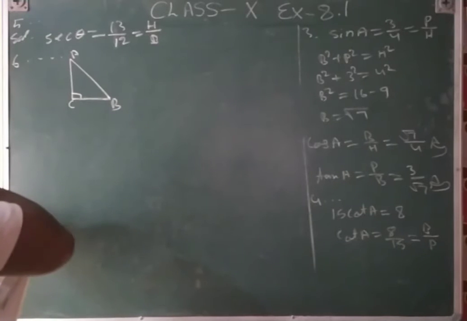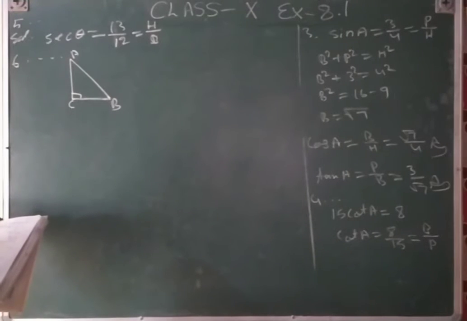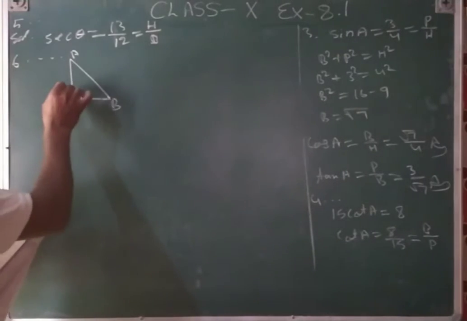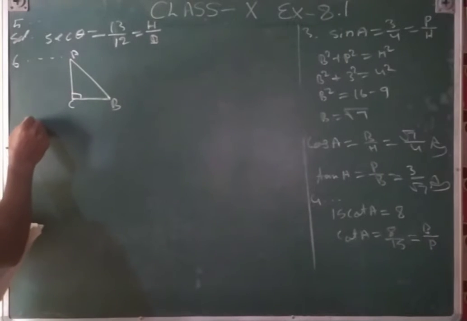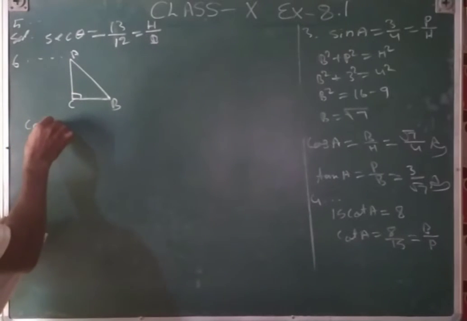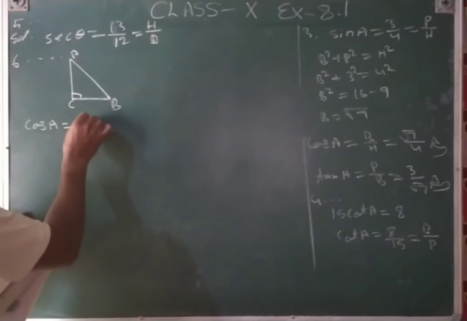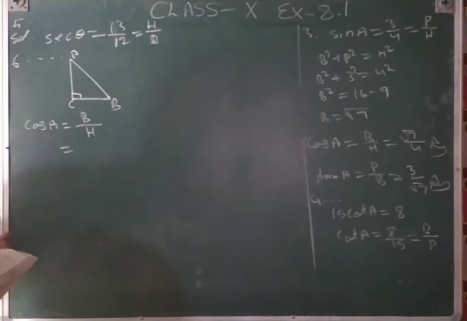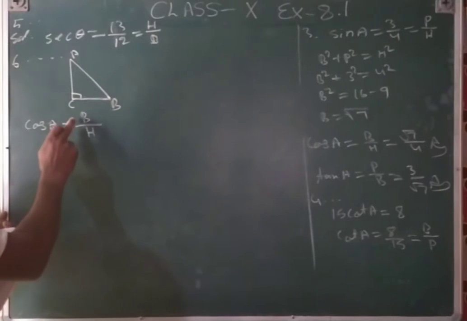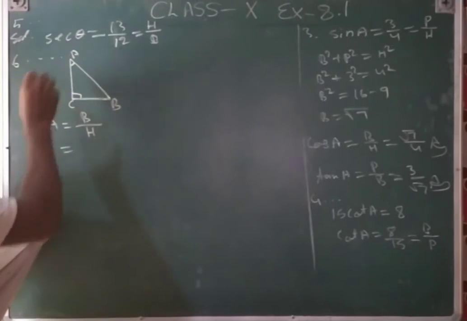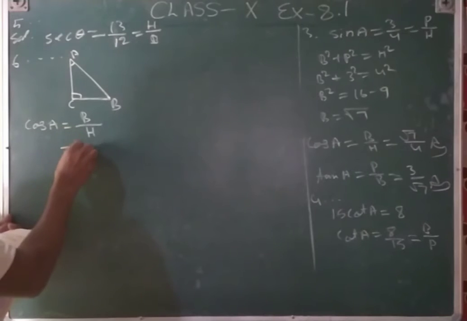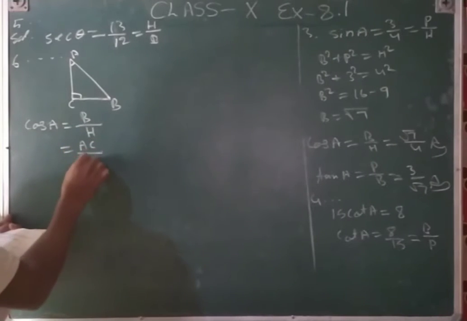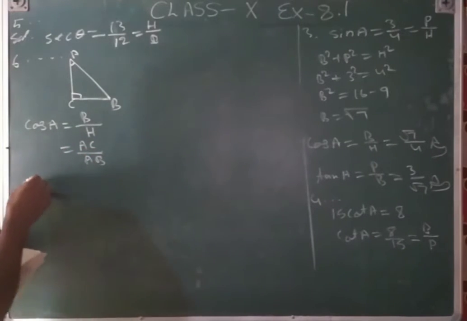Now cos A is equal to B upon H. Looking at angle A, the base will be AC and the hypotenuse will be AB. This is the common thing.